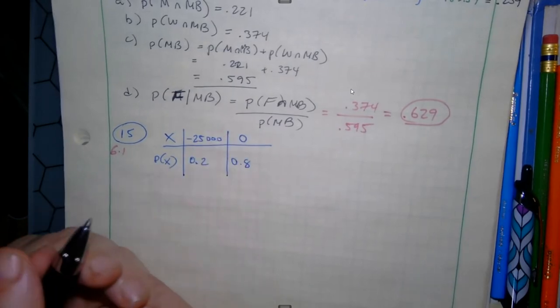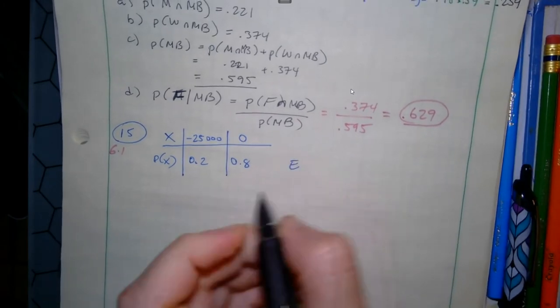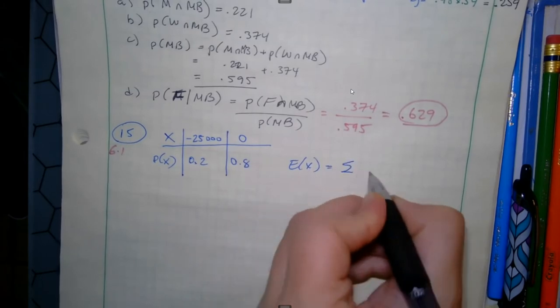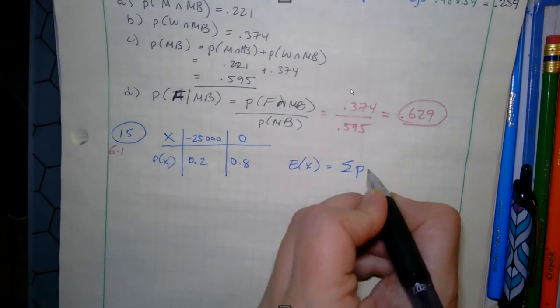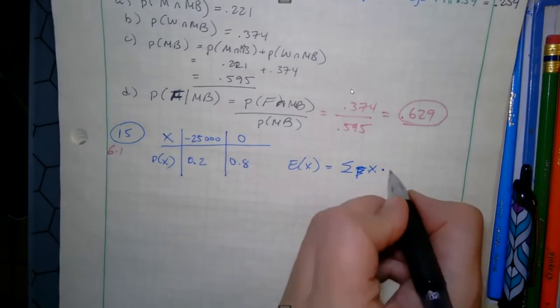Now, from the perspective of the person buying the insurance premium, the expected value, the average outcome, is going to be, the formula says, the sum of the product of how much the event is worth times the probability of the event.